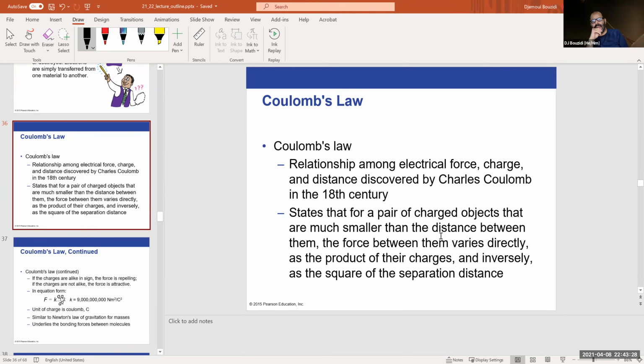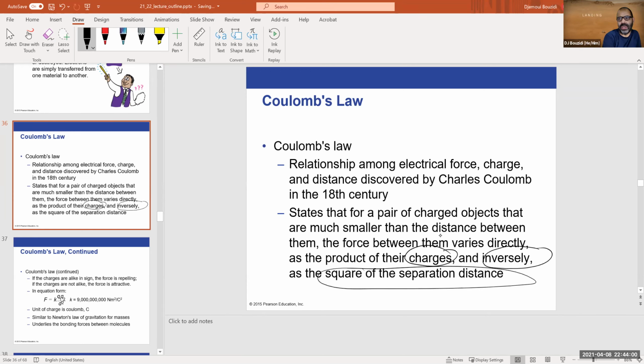That relationship among electrical charges was discovered by Coulomb, and states that for charges that are much smaller than the distance between them, the force between them varies directly as the product of their charges and inversely with the square of the separation. These are the other 2 characteristics of the law: the electrostatic force is proportional to the charges and inversely proportional to the square of the separation.